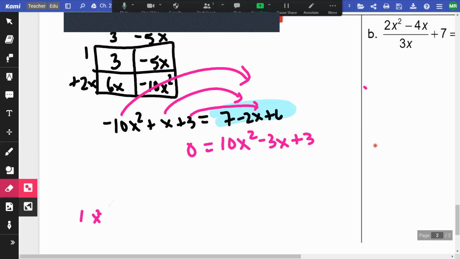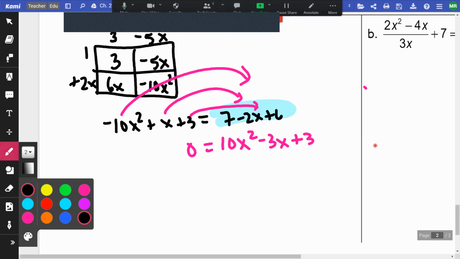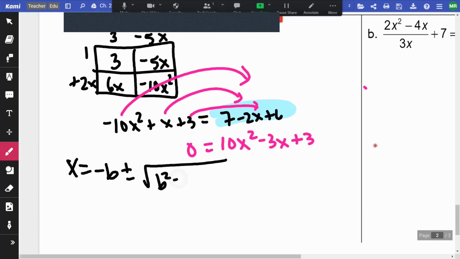I'm going to use, and this is where you have to remember something from integrated 2, the quadratic formula. Okay. So that is x equals -b plus or minus the square root of b squared minus 4ac, all over 2a.